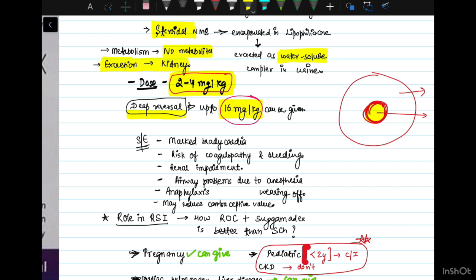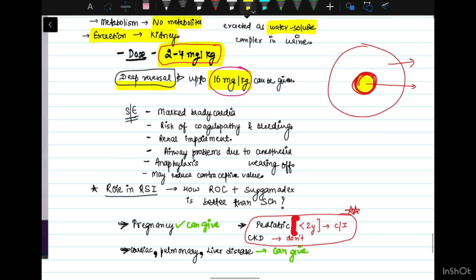Sugammadex along with the rocuronium is a very good combination. So once you give rocuronium, suppose you're not able to intubate, then you can give Sugammadex at a dose of 16 mg per kg, and within seconds the patient will come out of the effect. So you can actually avoid a condition of cannot intubate, cannot ventilate, because the patient can get his spontaneous breath now once you have reversed the effect.